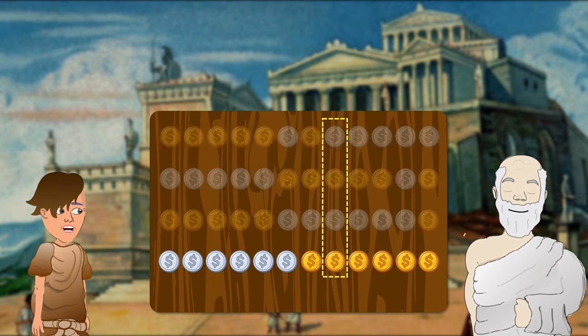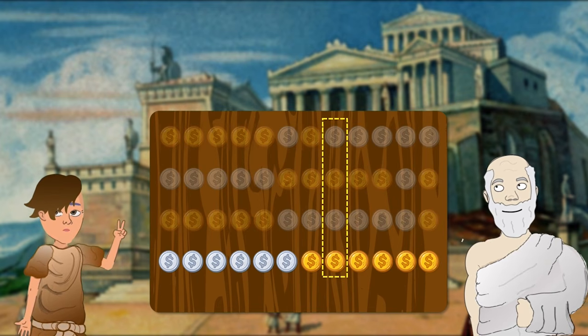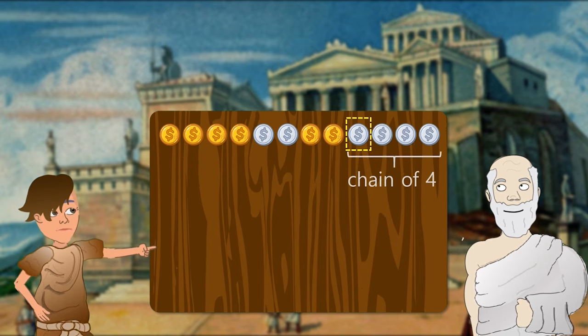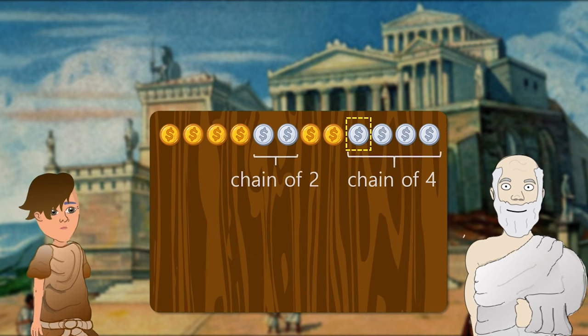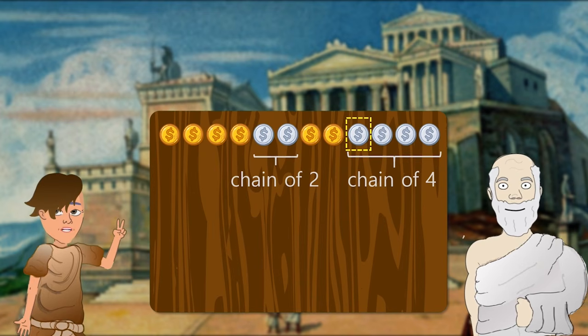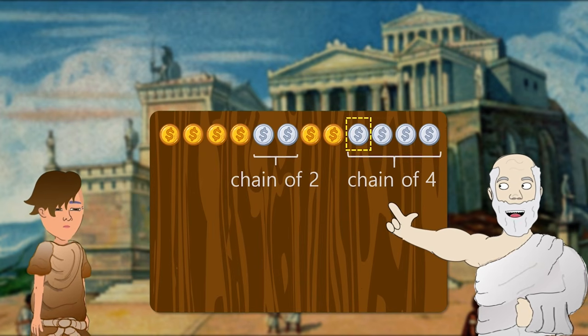So the total number of chains must still keep reducing until there are only 2. And the same should apply for n equals 6, k is equal to 9, because a chain would require 4 coins from the 9th position to reach the end, which would leave a shorter chain of 2 coins in the middle somewhere. Your logic is sound, boy.